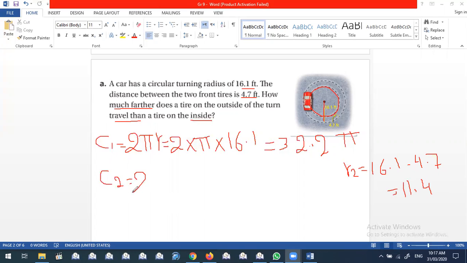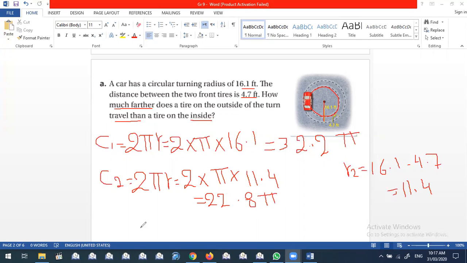I'm going to use 2 pi r. It will be 2 times pi times the radius, 11.4. So 2 times 11.4 will be 22.8 pi.